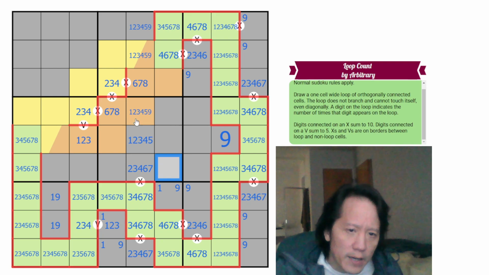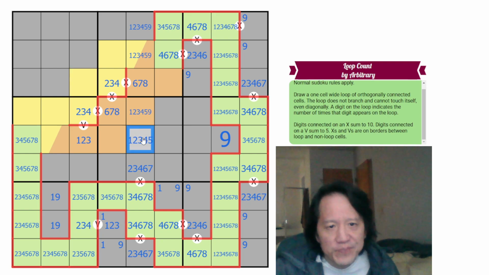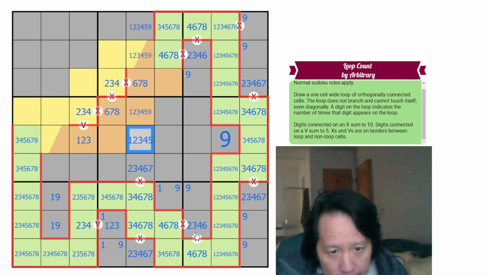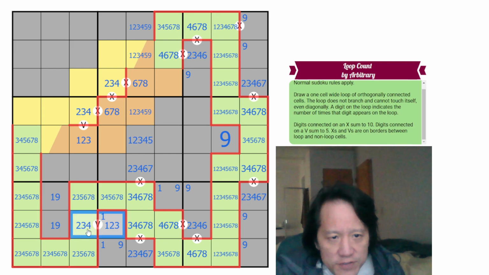So this cannot be 8. So if there's an 8, it has to be here, or this is 8. But we don't know which, right? Interesting. So if this is 2 and 3, this becomes 4, 1.